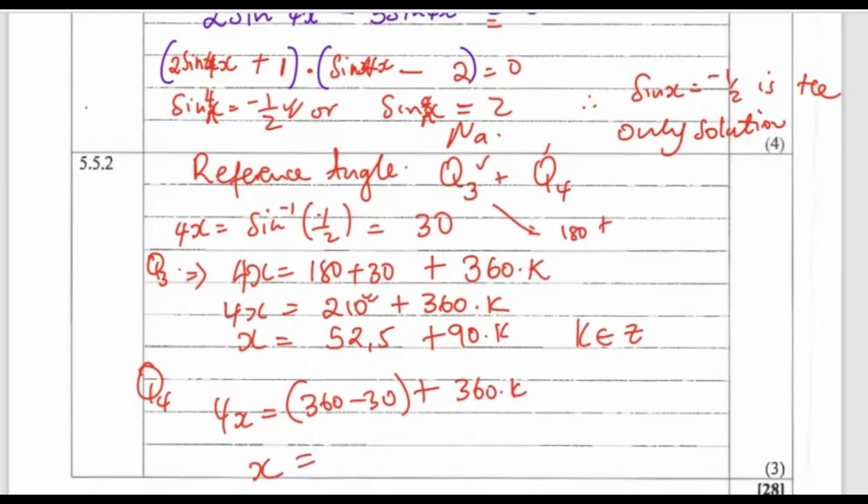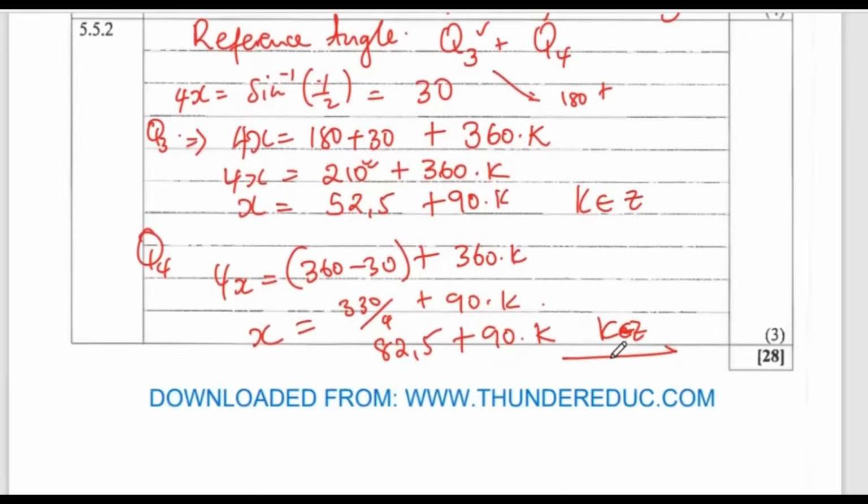I'll divide by 4. 330 divided by 4 is 82.5, plus 90 times k. k is an element of integers. An element of integers simply means you can replace k with the normal integers, negatives, positives, as well as zero, to get our solutions. Okay, so guys, that is that.